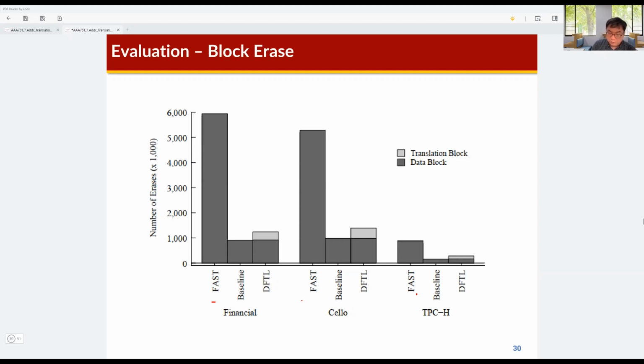But actually, if we just see the gap between FAST and baseline, the number of erases can be dramatically reduced. Okay? It's also the same for the TPCH, because the pages are managed at a page granularity, not block granularity. So with this page level mechanism, we can reduce the number of erases.